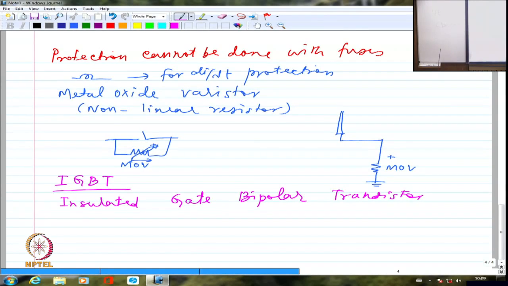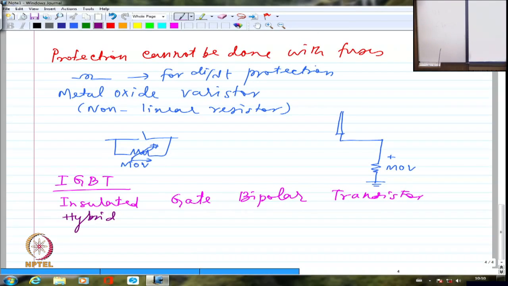This is actually a hybrid between MOSFET and BJT. This device came up as a hybrid between MOSFET and BJT. So this has fortunately the advantages of both, but in a moderated manner.